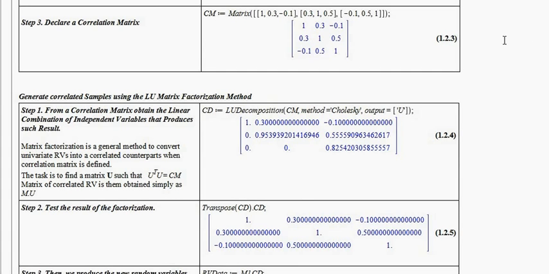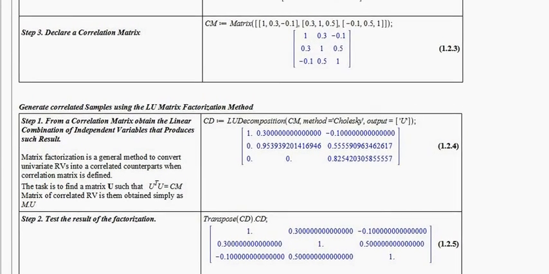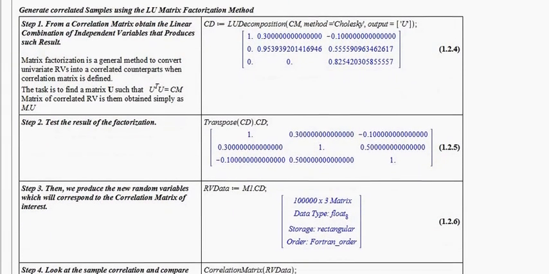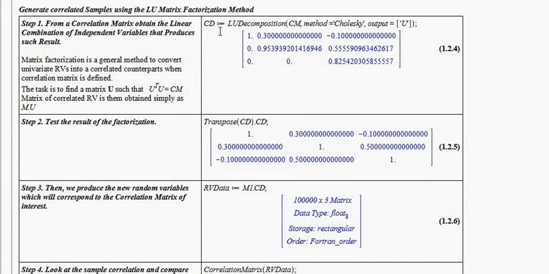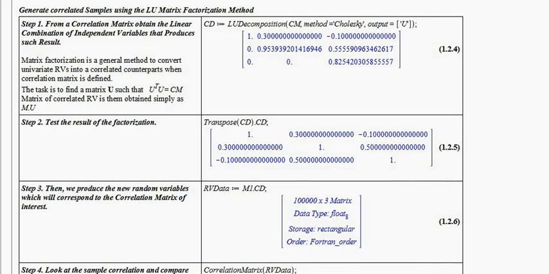We always start with a correlation matrix, then we apply a decomposition, then we calculate a matrix which we'll call CD, and by post-multiplying our original data set of uncorrelated variables by this matrix, we will end up with a correlated set of random variables that will have the correlation matrix originally put together for this exercise.